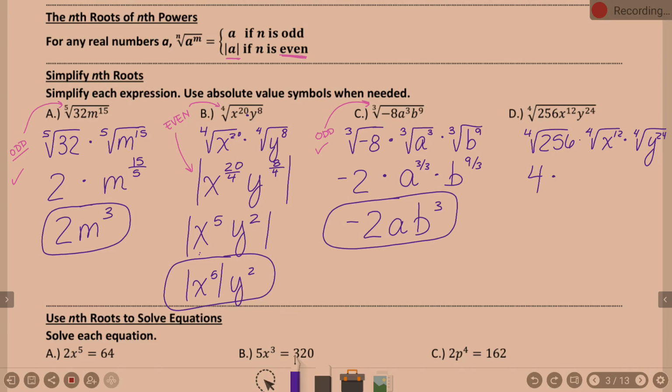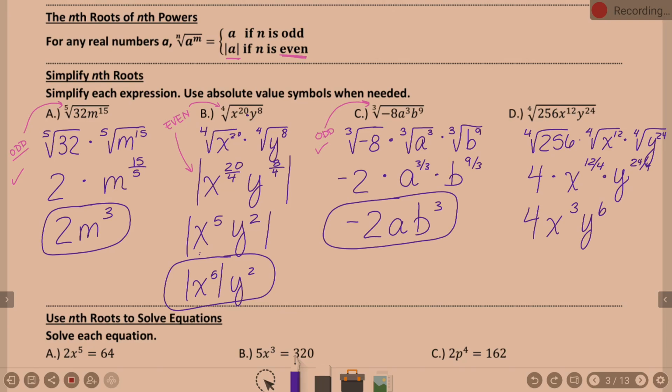X to the 4 over 12 or 12 over 4? 12 over 4. Y to the 4 over 24 or 24 over 4? 24 over 4. Now, so we have 4, x to the third, y to the sixth.